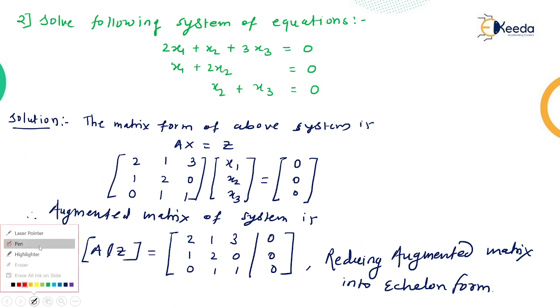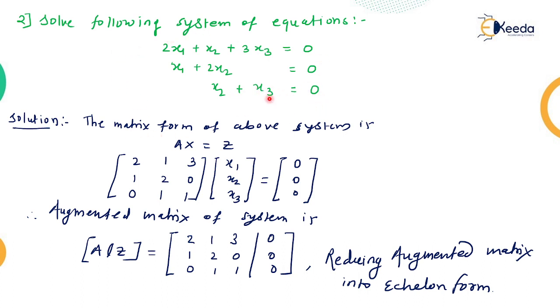Now in the second equation the coefficient of x1 is 1, coefficient of x2 is 2, and the x3 term is not there, therefore for simplification we can take its coefficient as 0. In the third equation, the x1 term is absent, so we take its coefficient as 0, plus x2 coefficient 1, plus x3 coefficient 1, and that is equal to 0.